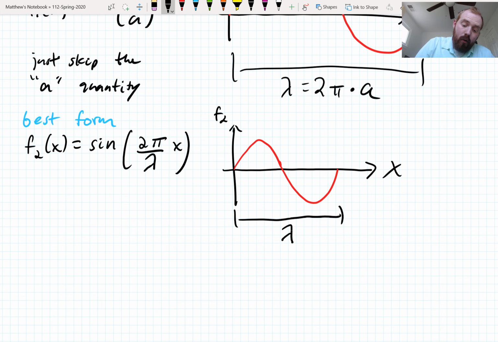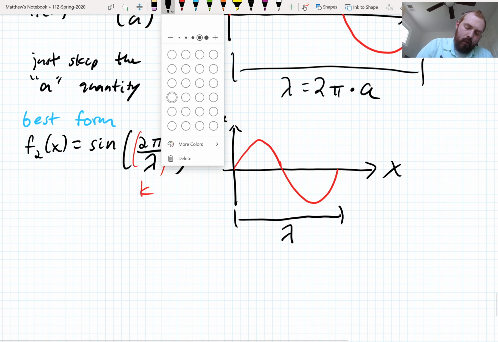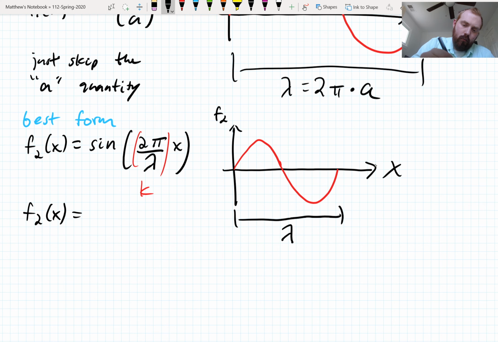And you might notice that this f2 of x is just equal to sine of kx.